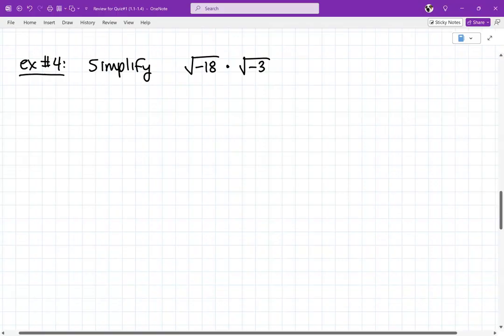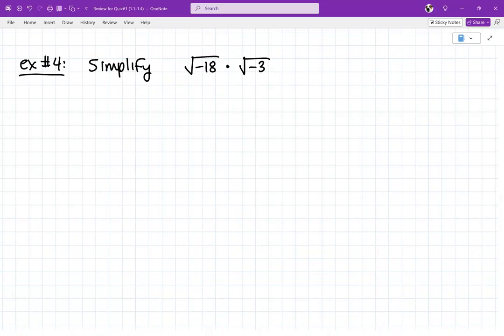There will be some of these. Unfortunately, your calculator cannot help you through all of this. Remember, negative square roots result in the letter i. Okay? So we're going to do a couple of these. And if I can, I'll try to get the factoring ones done with you guys too. But we're going to simplify this.